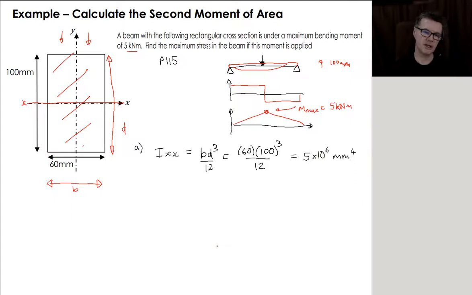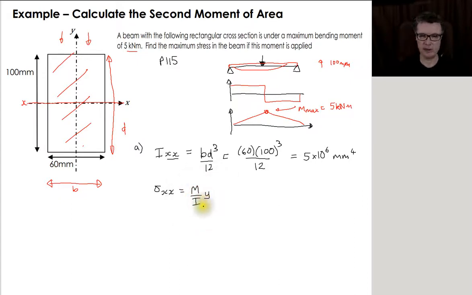So the next stage is they want me to find, for this condition, and if we've used subscript XX for this setup, we'll call this therefore stress XX. I'm going to use the formula from the bending moment equation, the flexural equation, M over I times y.